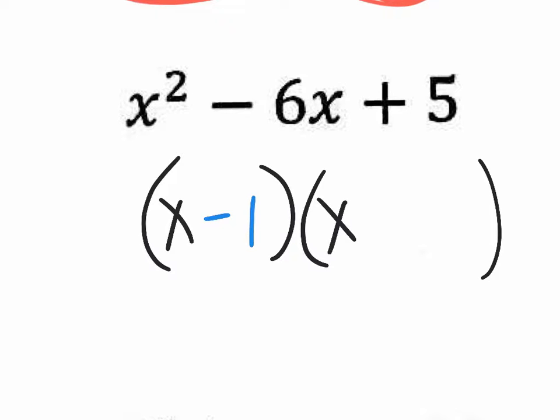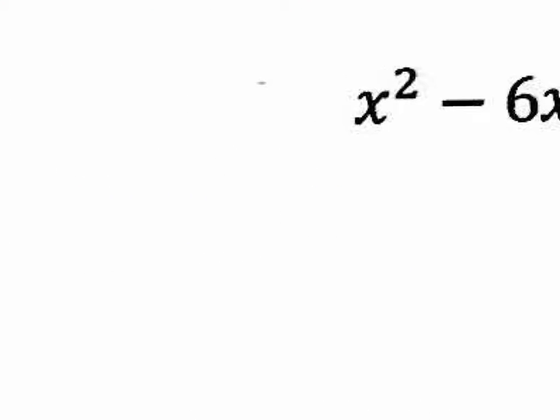Negative 1 times negative 5, and we're done. A negative 1 times a negative 5 really is positive 5. And if I were to add these guys together, it really does give me negative 6. So we're able to factor in a couple of moments without doing that huge, long, horrible process. Let's look at this next one over here.